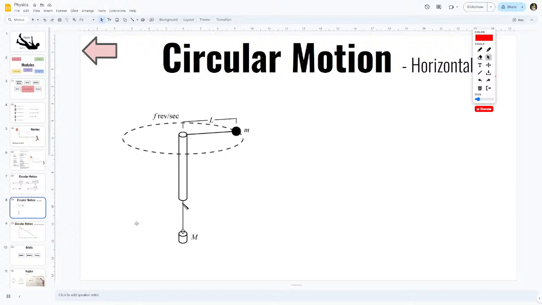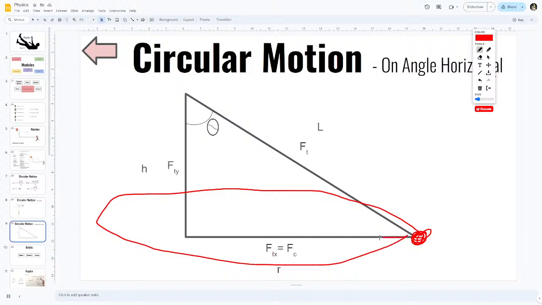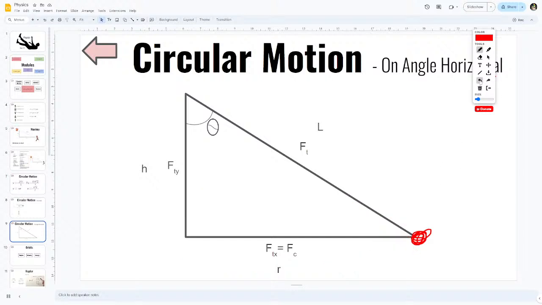I knew it and I crossed it out, but oh well. That's an annotation. This is saying if there's a ball here, an object, and it's being spun around, it goes around like that.